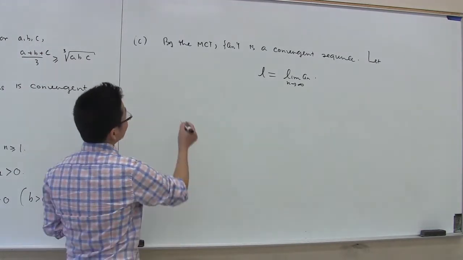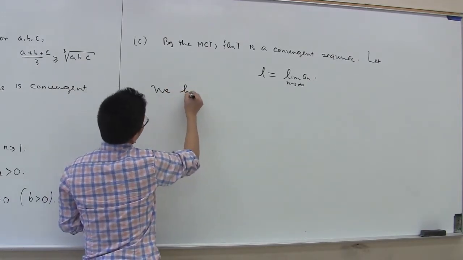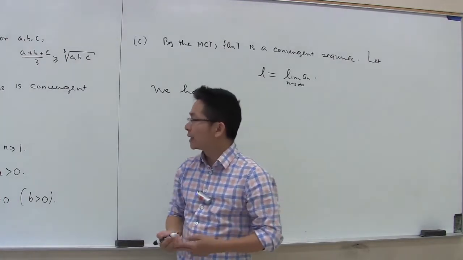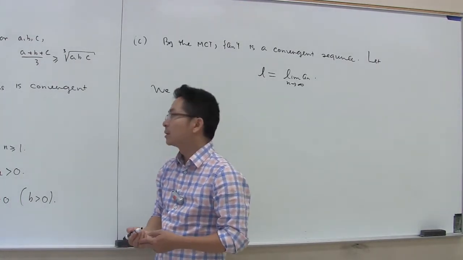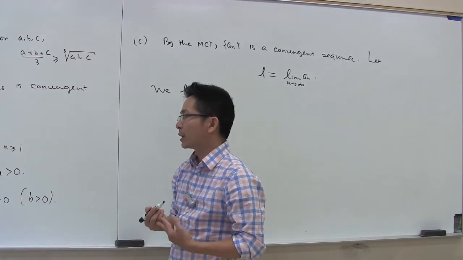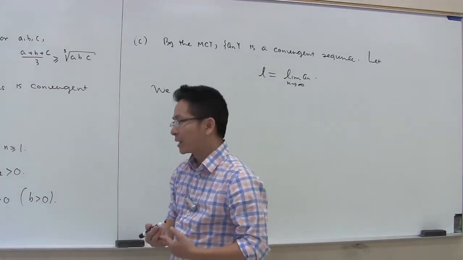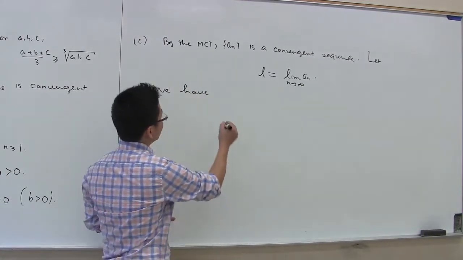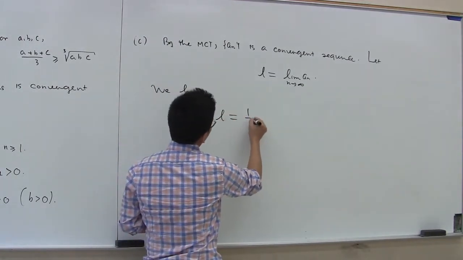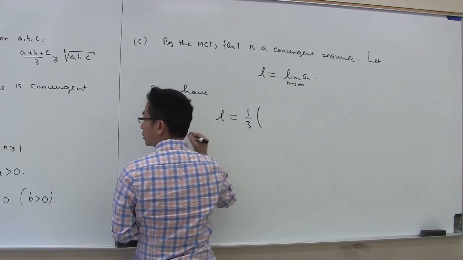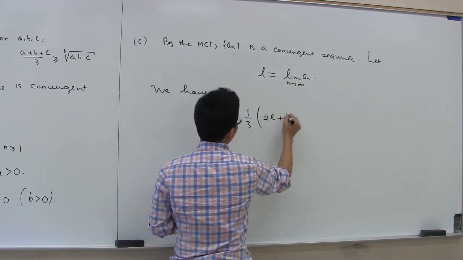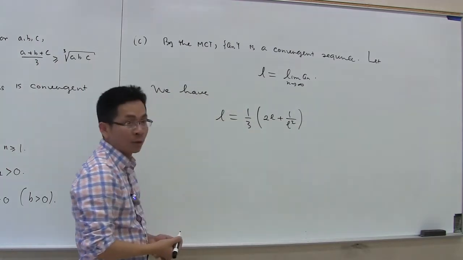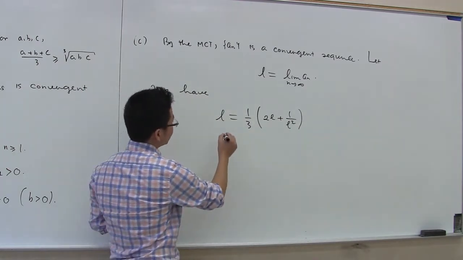Okay. In addition, we have this. As you know, a(n+1) is 1/3 of (2an plus 1 over an squared). So by the limit theorem, we have the following equation. L is equal to 1/3 of (2L plus 1 over L squared). Okay. So we're going to find L by solving this equation.